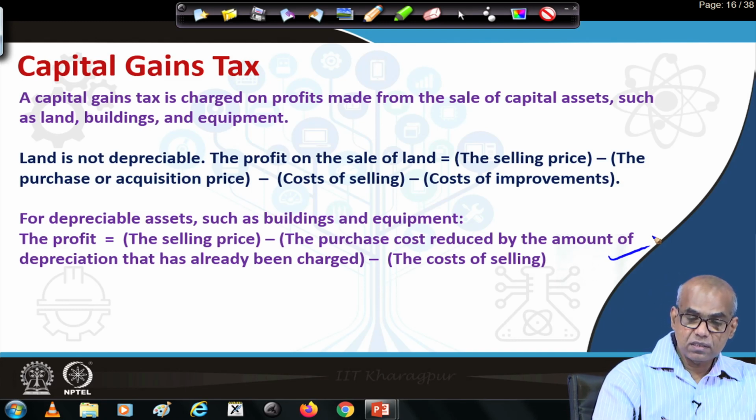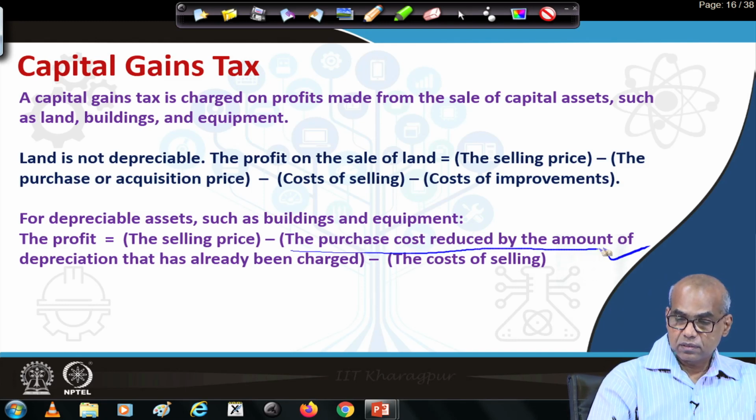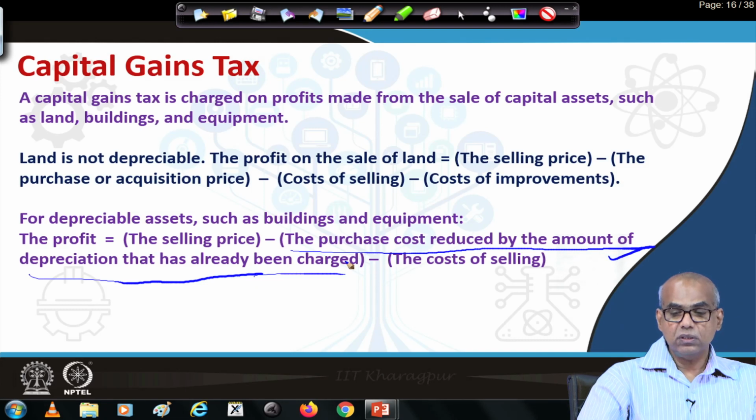So, this is important. The purchase cost reduced by the amount of depreciation that has already been charged, because that money you have already got back.